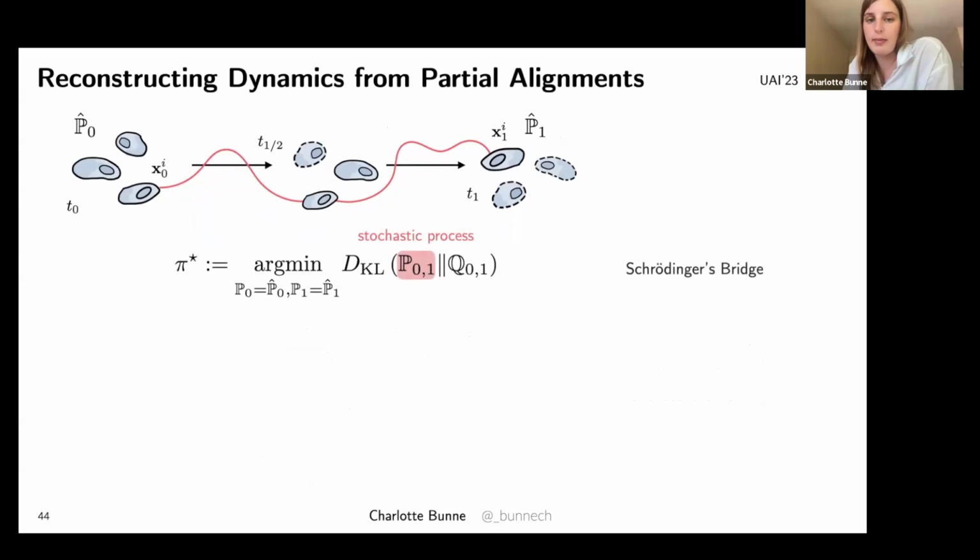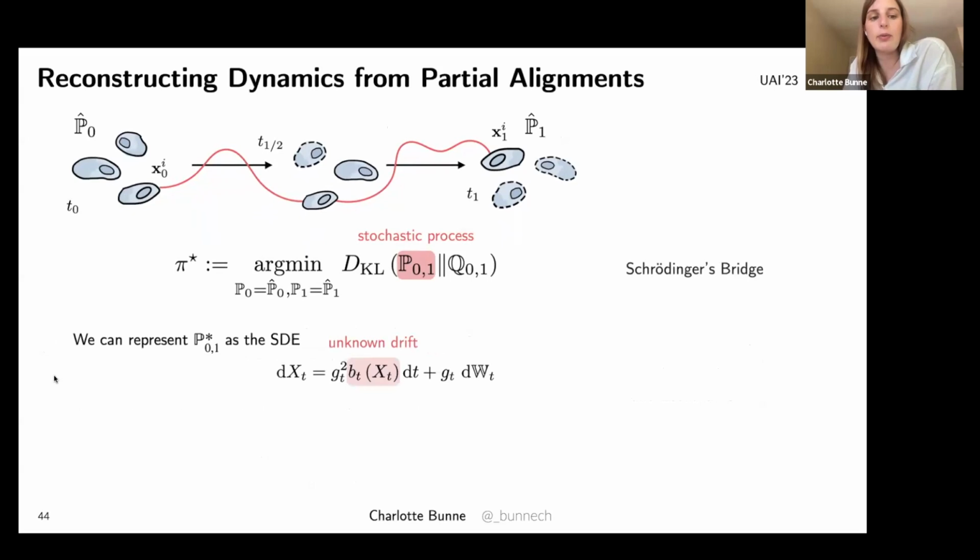So again, here this is my Schrödinger bridge, via the Kullback-Leibler formulation. And we know that we can represent the stochastic process now with this forward SDE. Here there's a slight abuse of notation: I now switch to b instead of f. But we don't know the drift. This is the forward policy we want to learn.